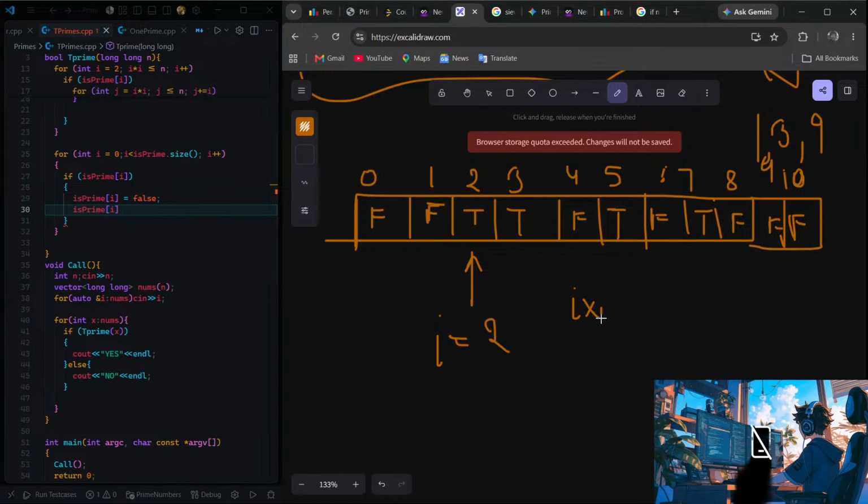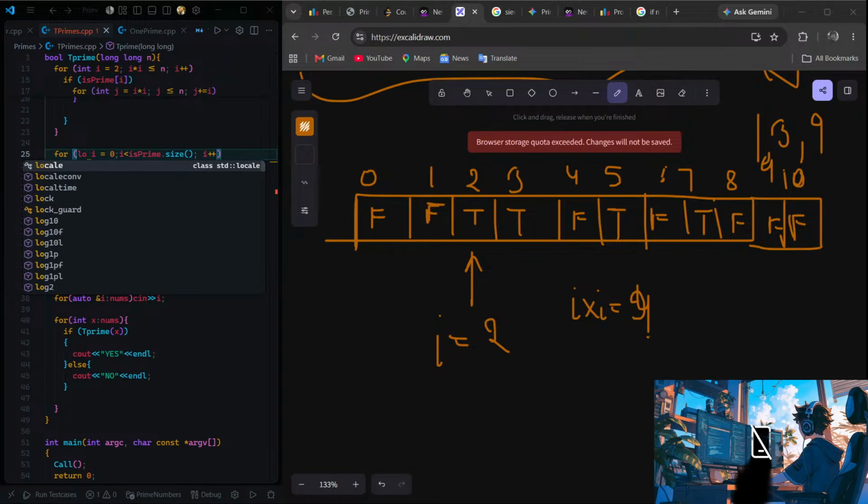After squaring, I got 4. So what I have to do? I multiply i by i, and tell that this will be a long value.